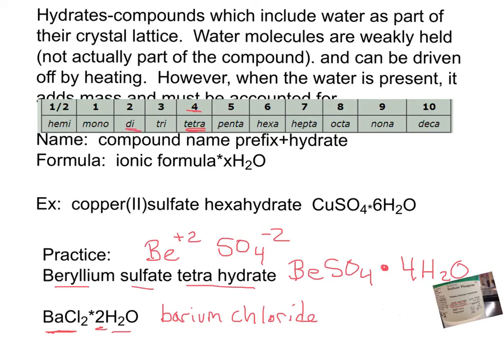Since it's a hydrate, we're going to call this one barium chloride dihydrate. Alright, so let's go on and check out the post-video questions and see if you can apply some of these concepts for naming acids and hydrates.